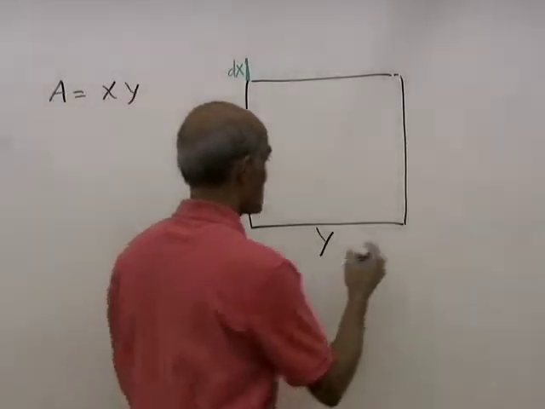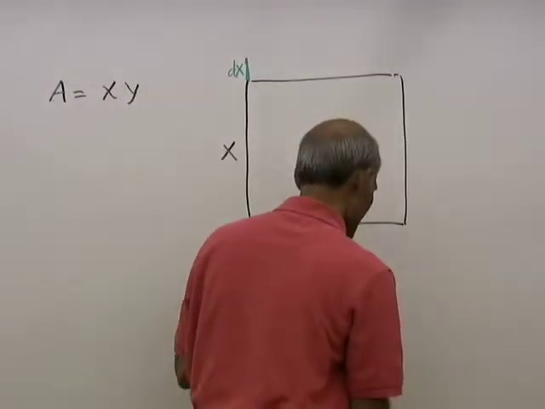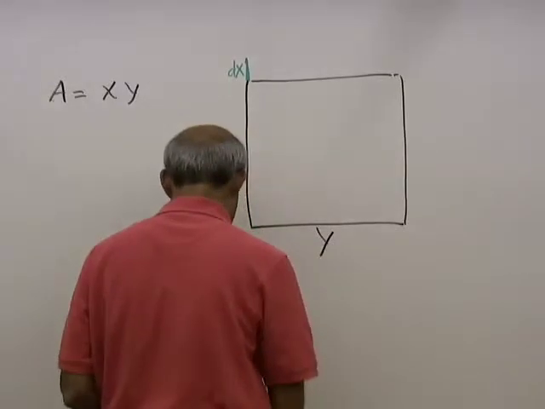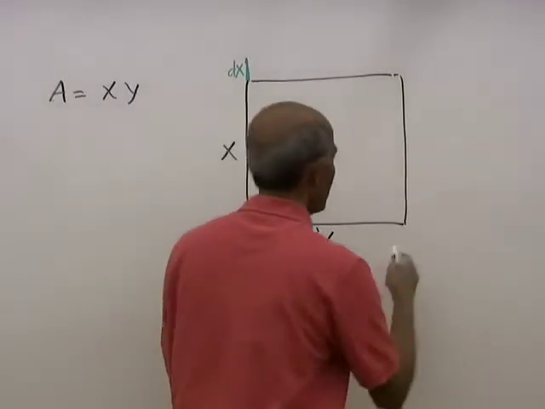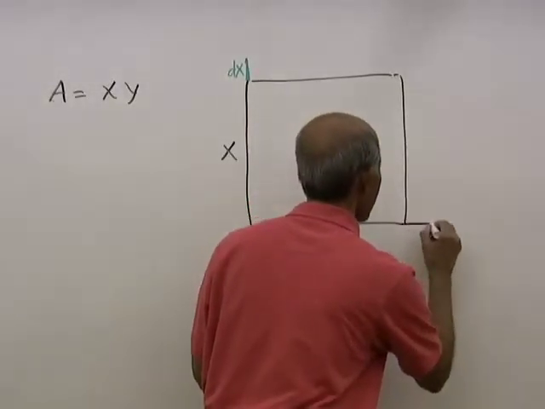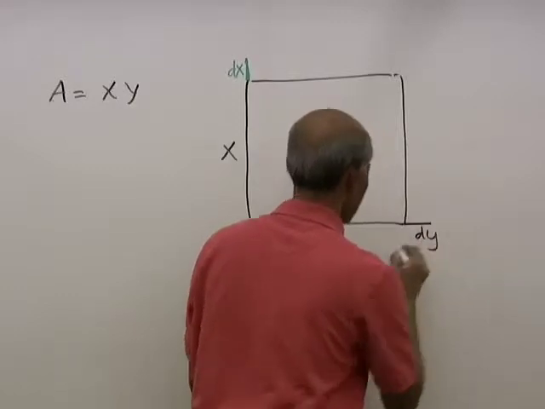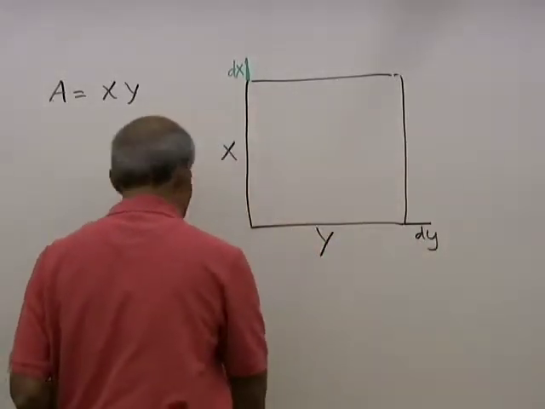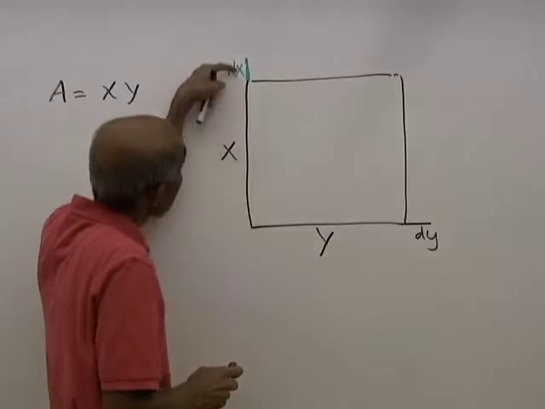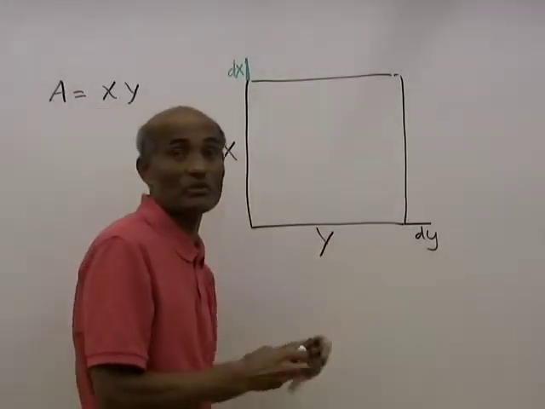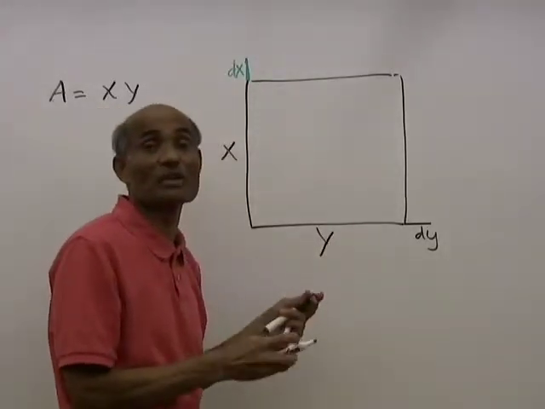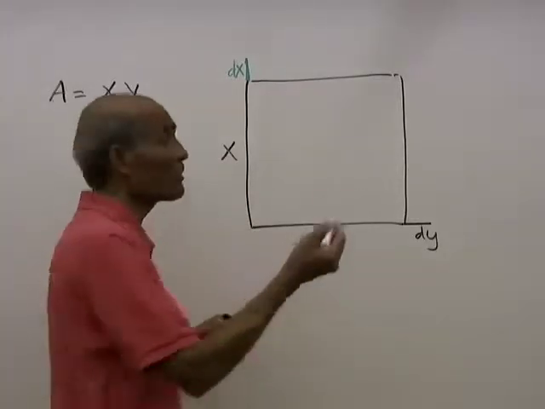Now, correspondingly, there is an increase in the value of y. We're going to call it dy. So, the x value is increased by dx and the y value is increased by dy. What is the new area now?